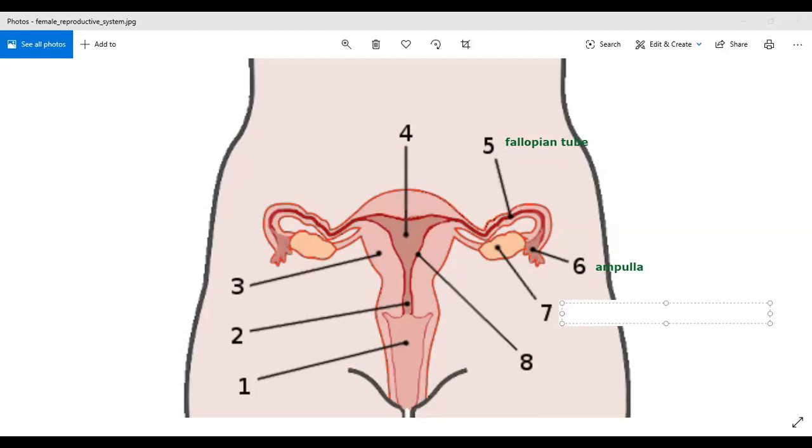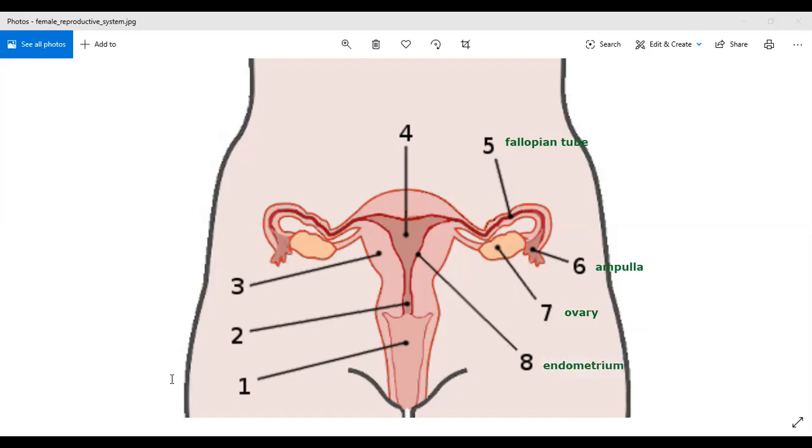The ovary? Yes. Number 8. What do you think? The endometrium. That's the endometrium, yes, the lining. As I told you, that is the blood lining.